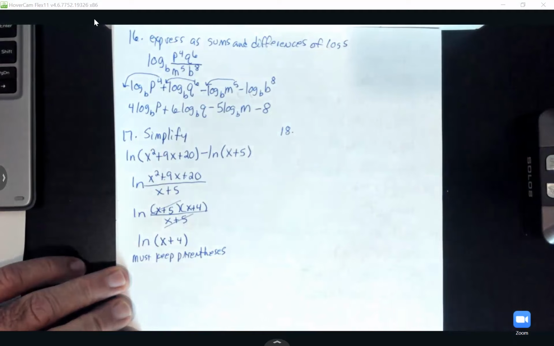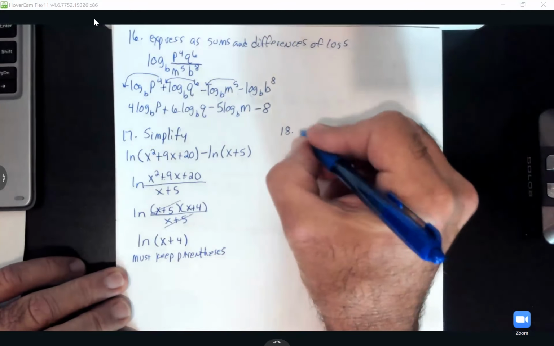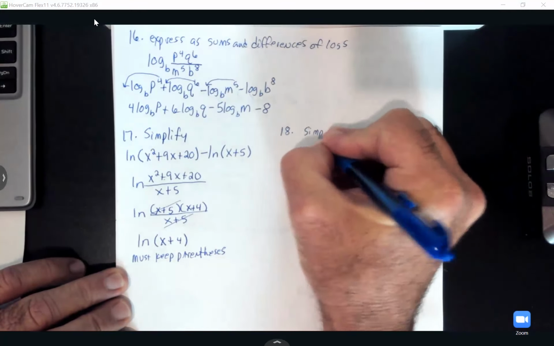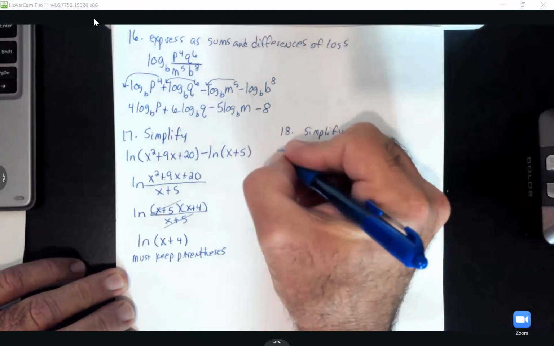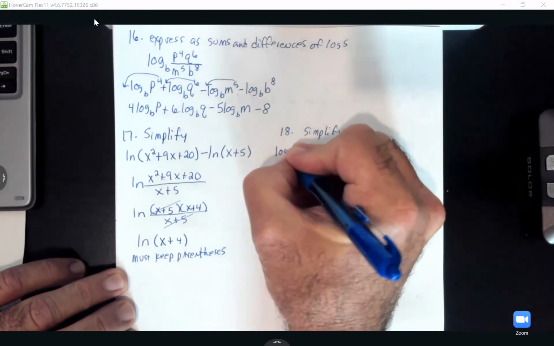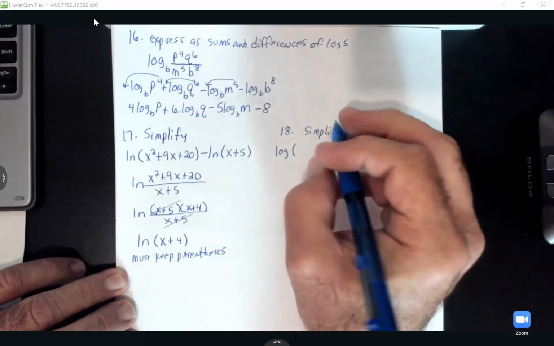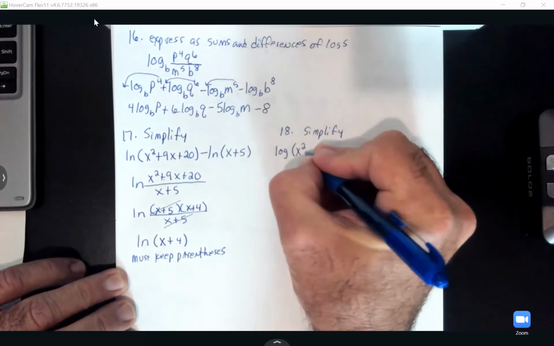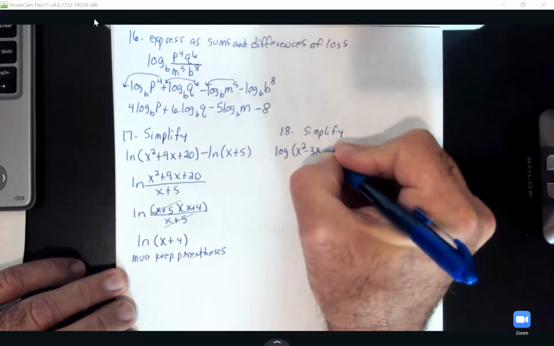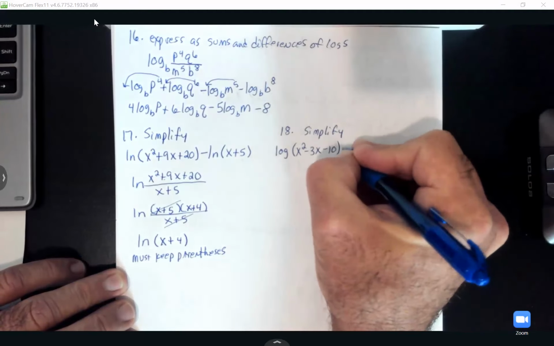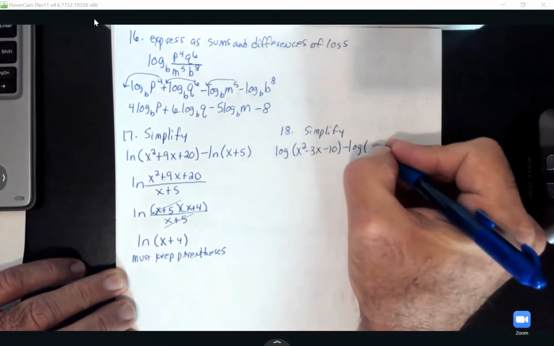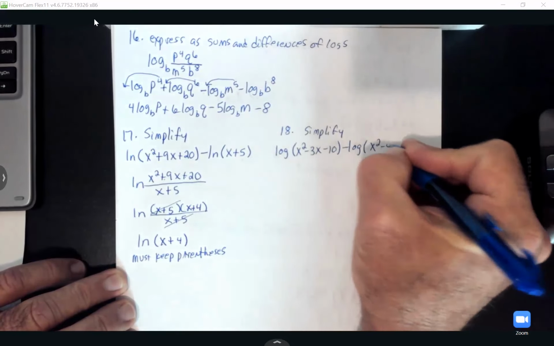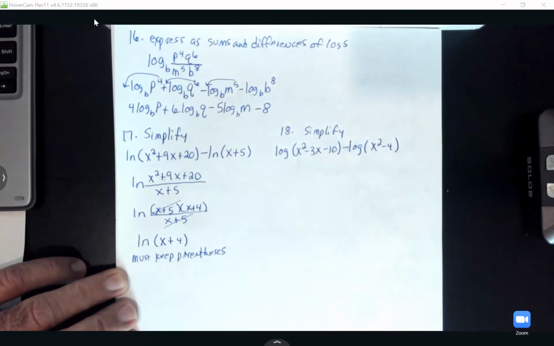All right, 18 was another one where you had to simplify. So this time they're doing logs. I got a log of x squared minus 3x minus 10 minus a log of x squared minus 4.